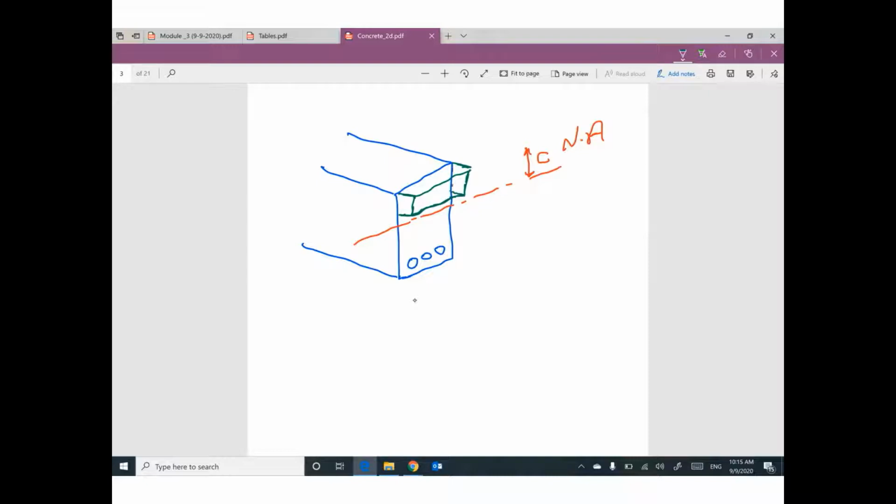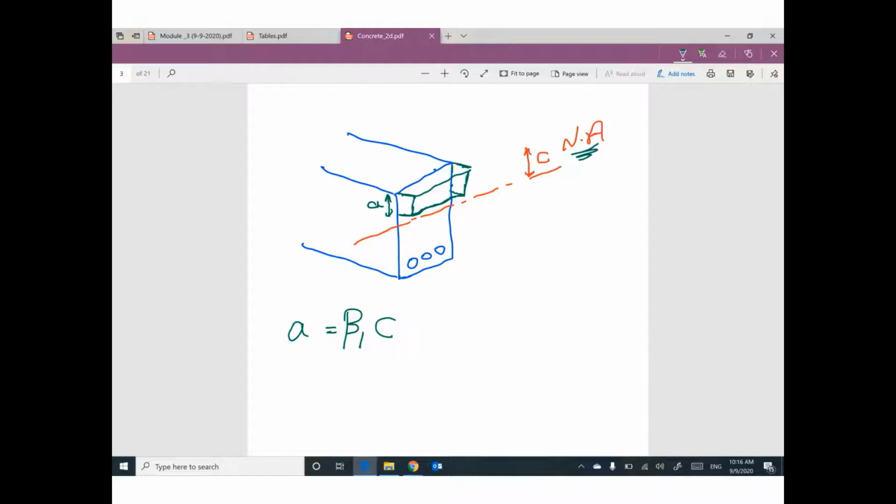This depth equals a. We have a relationship between a and c. c is the actual depth of the neutral axis from the top. a is the depth of the stress block from the top. So a equals beta 1 times c.